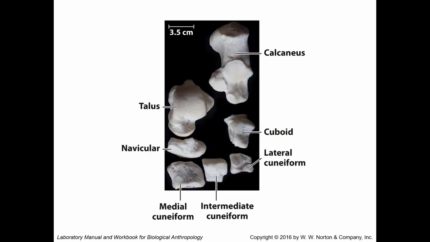All right, so here again are the tarsals. They are disarticulated. You can see the differences here a little bit better when you're looking at them disarticulated. Right, again, calcaneus, talus, navicular, cuboid, and then medial, intermediate, lateral cuneiform.